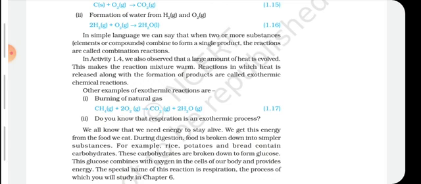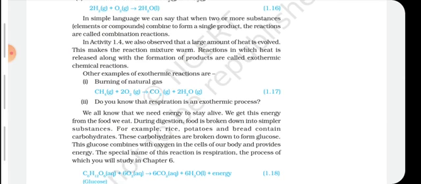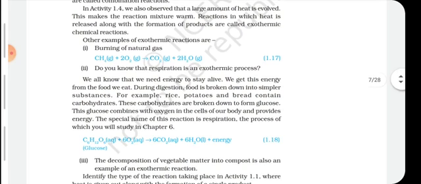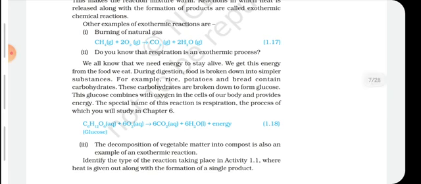See over here, that is CH4, that is methane plus dioxygen will give you carbon dioxide plus water, that is 2H2O. One more example of the exothermic reaction is respiration, where the glucose reacts with oxygen, that is C6H12O6 plus 6O2 will give you 6 molecules of carbon dioxide plus water plus energy.